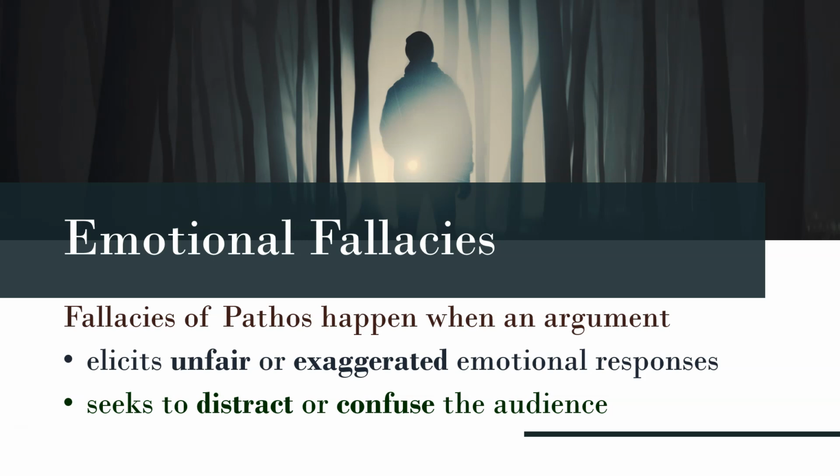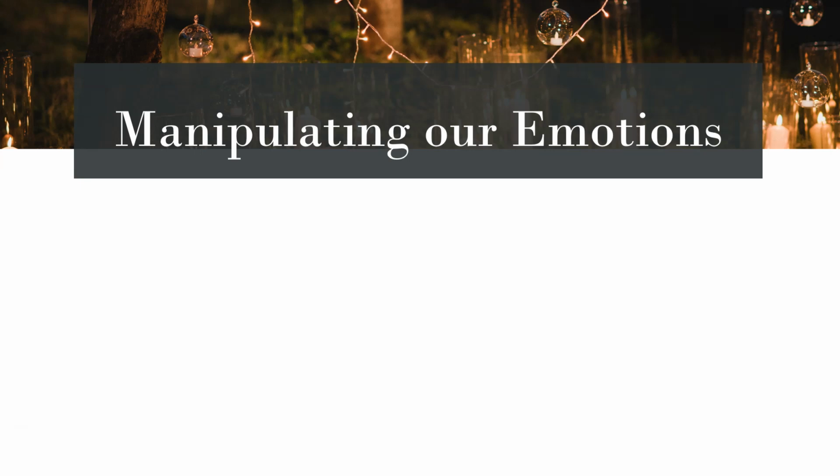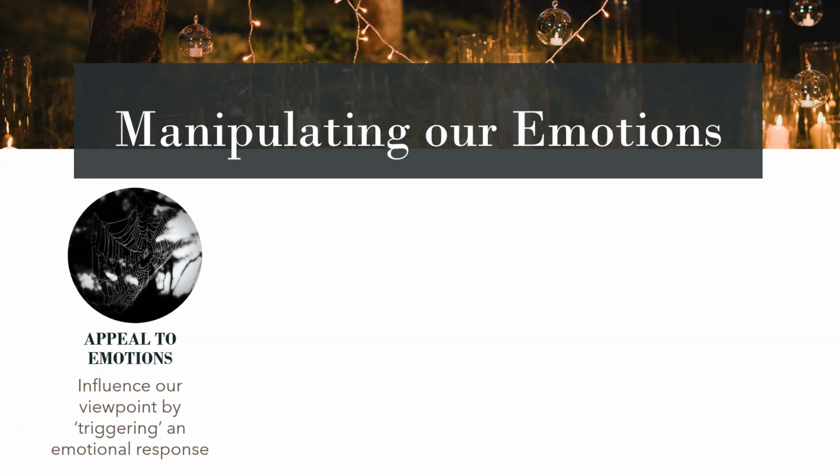So fallacies of pathos happen when we mistakenly or manipulatively target our reader's sense of emotions, values, and beliefs. Let's take a look at a few examples. So more or less this happens when the writer, speaker, or thinker seeks to manipulate our emotions.